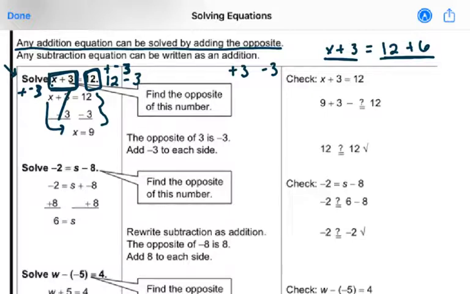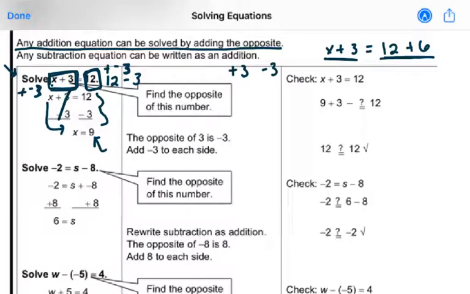Okay, so just to check up on ourselves, if we were to plug that number back in, I like to call this a plug and chug. You're plugging in a number and chugging something out, and that result is your answer.